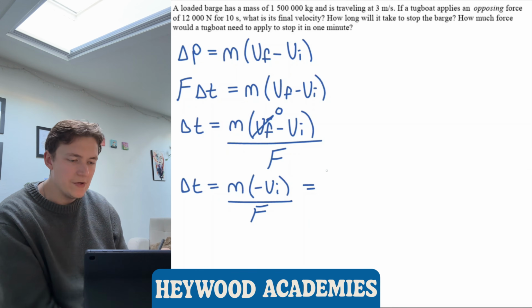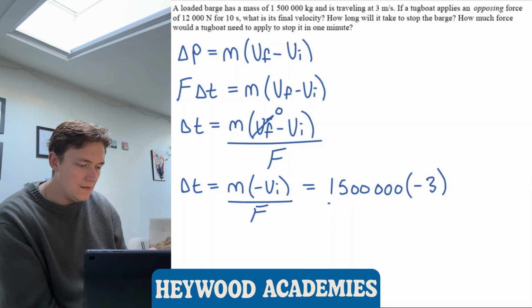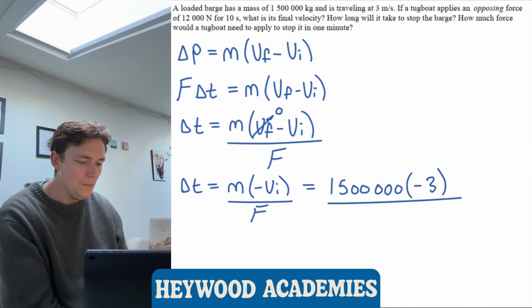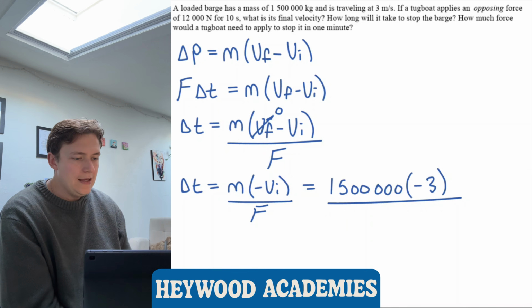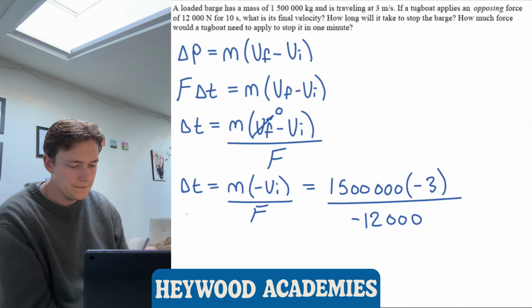We can plug in our numbers here, so 1,500,000 times the initial speed, 3 with the negative in there, and then the force in this case. So the force was the same as before, minus 12,000.